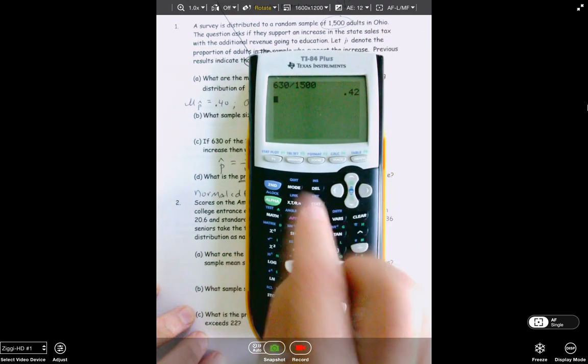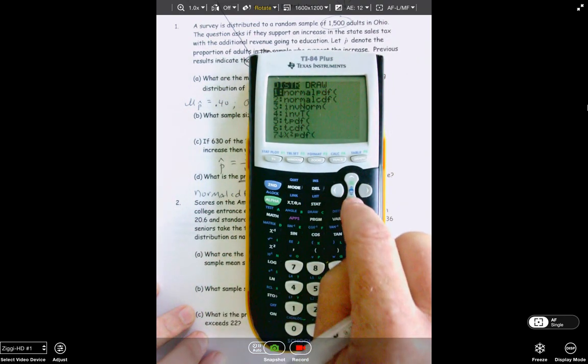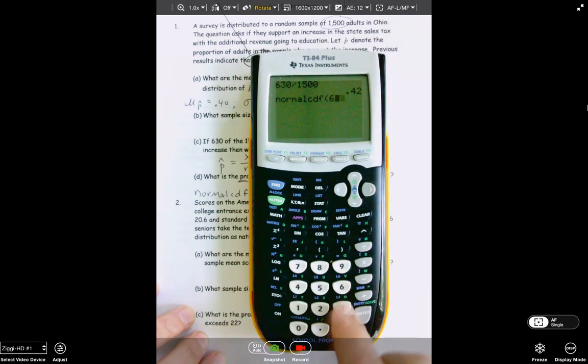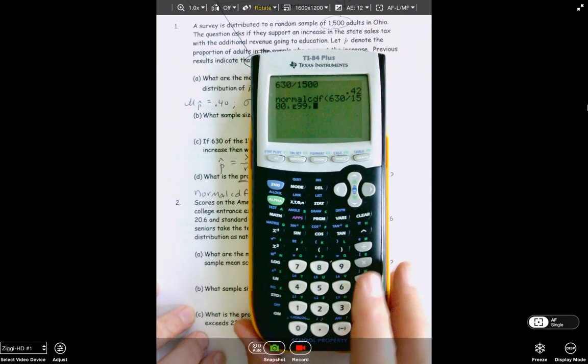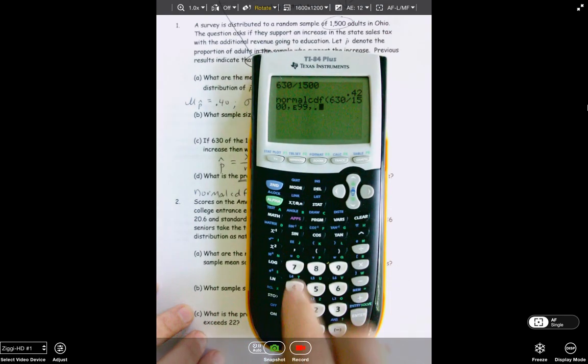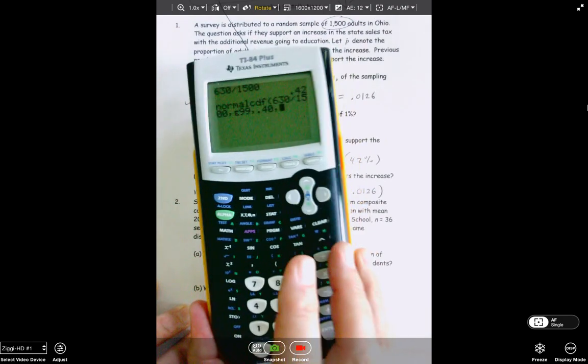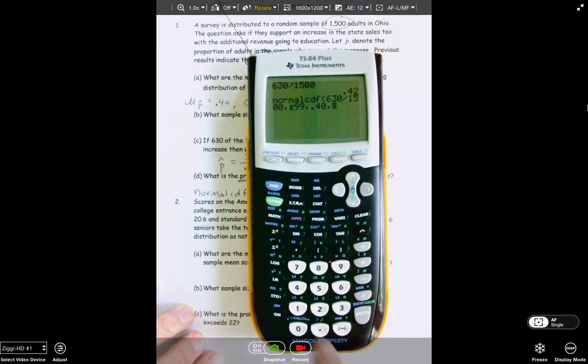So if we go normal CDF, and put 630 out of 1500 up to E99 with our mean of 0.40 and our standard deviation of 0.0126, we get the answer of 0.05622.